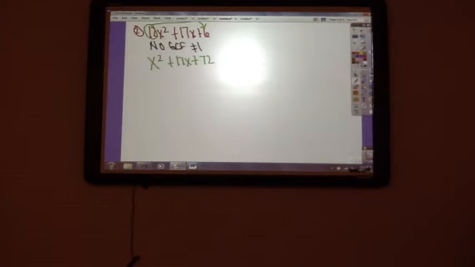Now we're ready to find the factors that we'll need. The factors of 72, I may miss some, but it's 1 and 72, 2 and 36, 3 and 24, 4 and 18, 6 and 12, and 8 and 9.